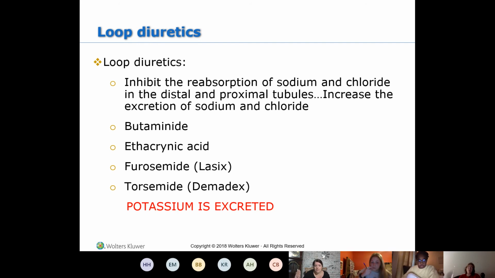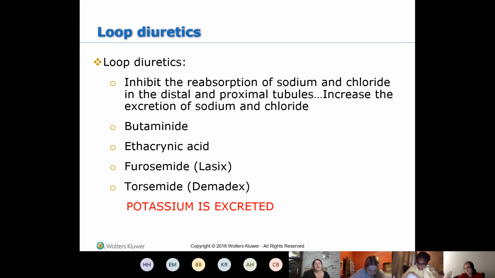Does that make sense to everybody in very simplified terms? Instead of being reabsorbed, we're pushing it back out for excretion. So we're gonna excrete sodium and chloride, and with loop diuretics, you're also gonna get rid of potassium.